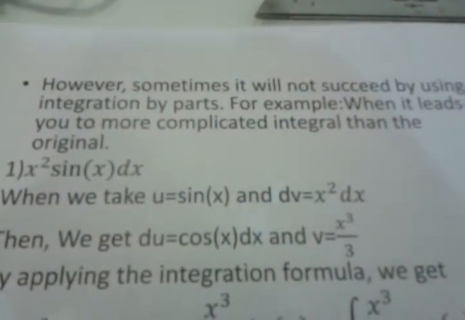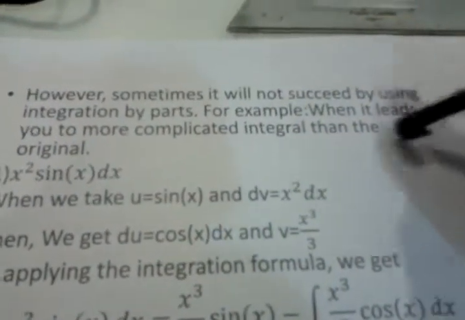So sometimes integration by parts will not succeed. For example, it will lead you to a more complicated integral than the original one. So the first question is x squared sin x dx.